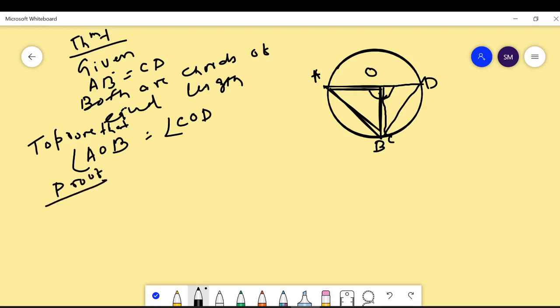Proof. Consider triangle AOB and triangle COD.